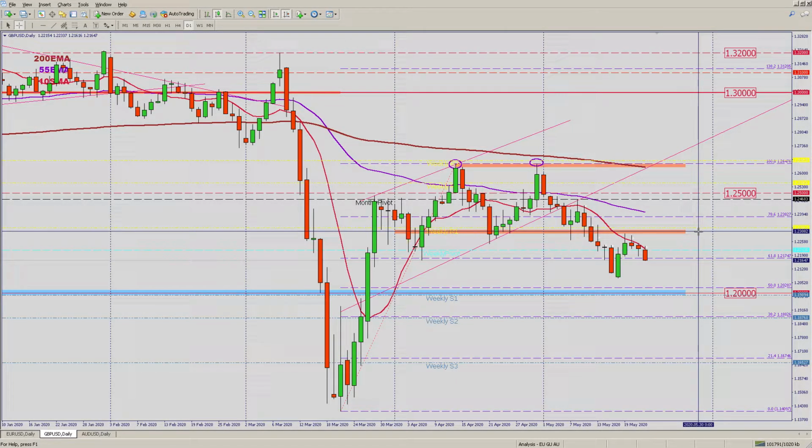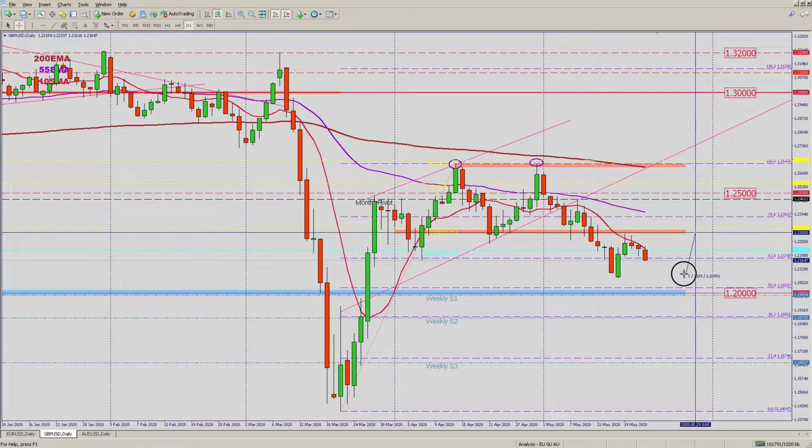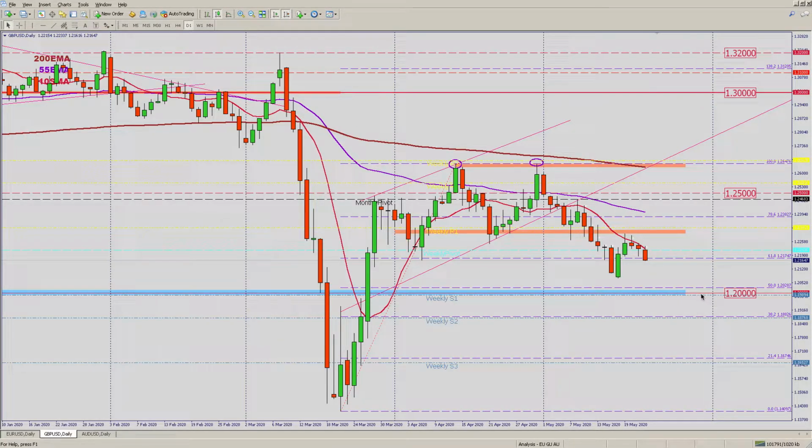So the resistance zone is still holding up intact at the 123 level, and this is still going to be a very tight range of either 200 pips or maybe down to 300 pips down to the 120 level.